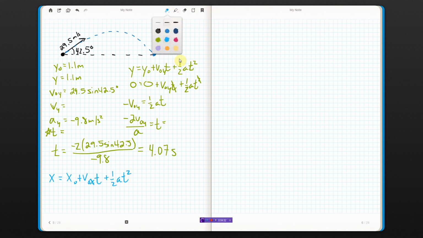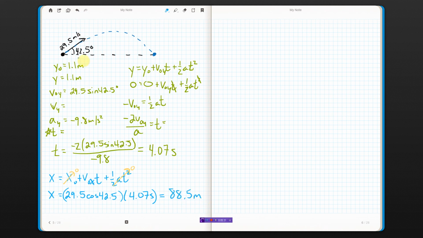Keep in mind that in the x direction, acceleration is 0, and let's assume starting from 0, in which case x just becomes Vx naught times time, so that is V naught cosine angle times time. So that gives me 88.5 meters.